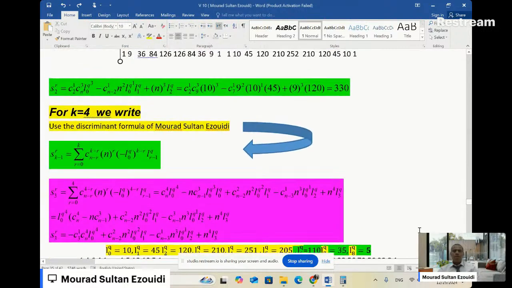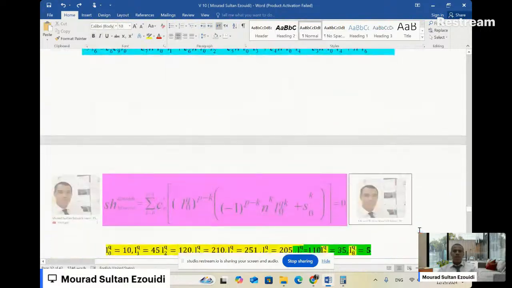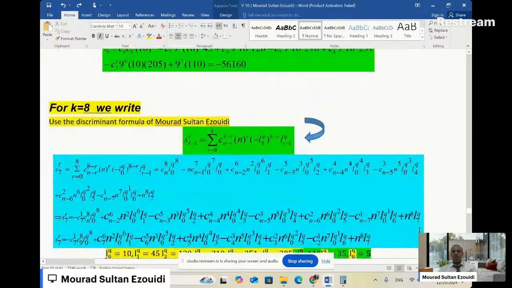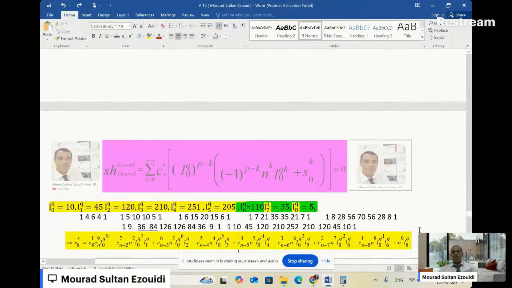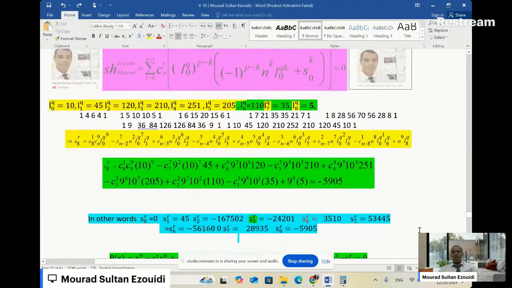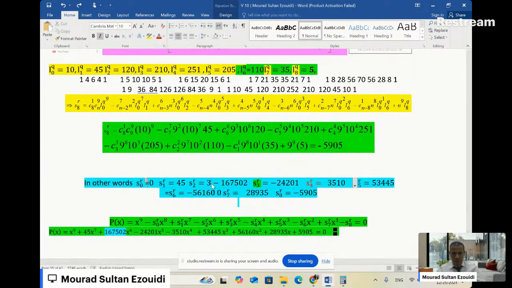Okay, so S2 is 330. Now it comes here. I will now make my own conclusion. After finding the coefficient of my new 9-degree equation, I will write it in terms of S. We told S2 is 330.